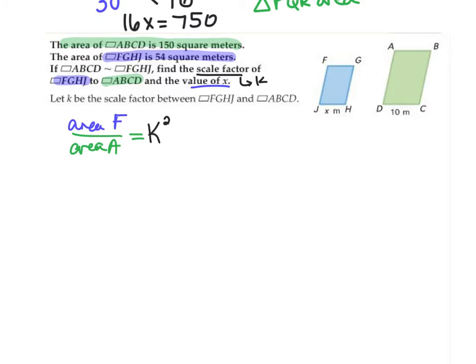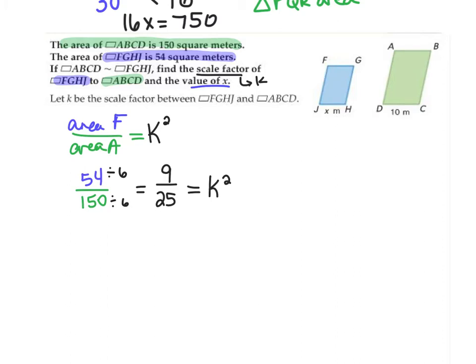The areas we are given are 54 over 150. If you factor out a 6 from both of these, you get a simplified ratio. So 9 over 25 equals K squared.